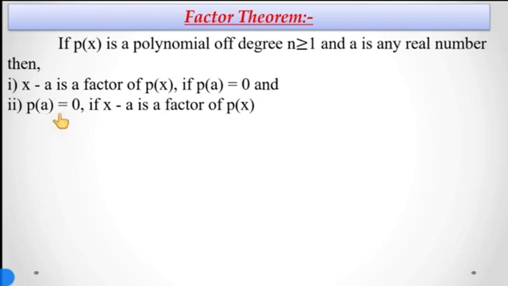And observe the second statement, it is the reverse of the first statement. So here p of a equals 0 if x minus a is a factor of p of x.